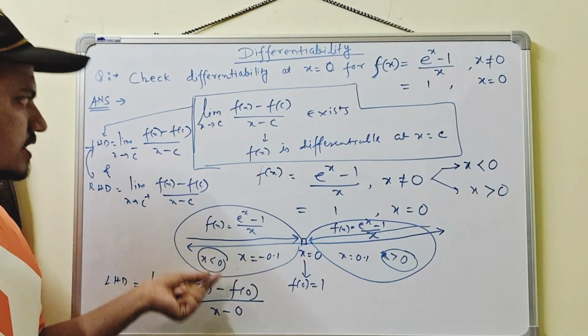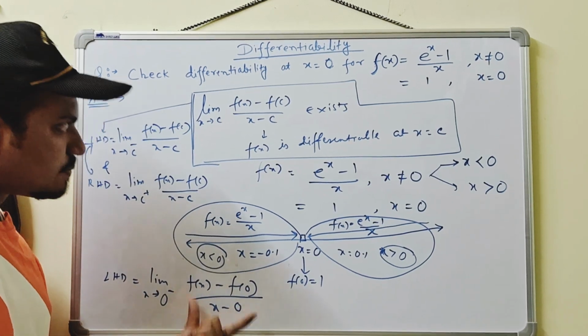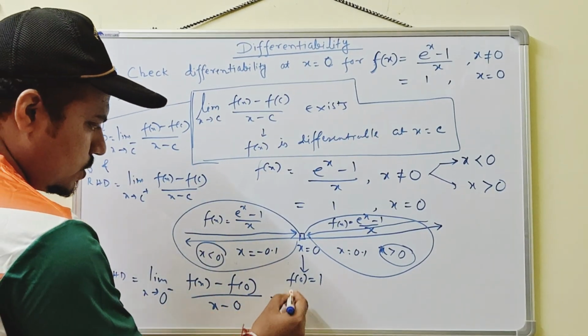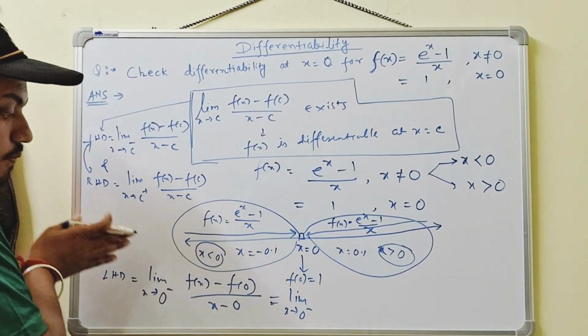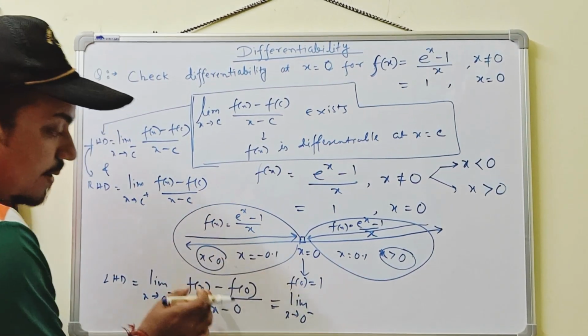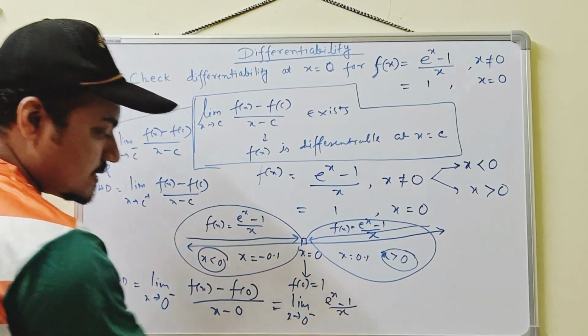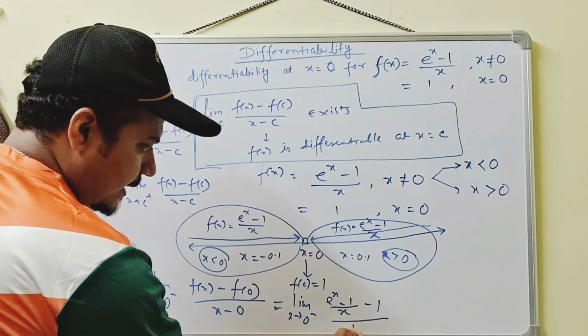So f(x) minus f(c) becomes f(x) minus f(0), divided by x minus 0. From the left-hand side, the function value is (e to the power x minus 1) by x, and f of 0 is 1, divided by x.